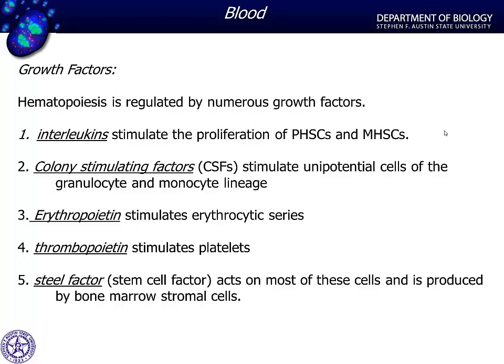We've got thrombopoietin, stimulates the development of platelets. And steel factor, this is going to act on most of the stem cells that we have in the bone marrow, and including bone marrow stromal cells, those sort of connective structural cells in the bone marrow. It's going to cause them to proliferate at an increased rate.